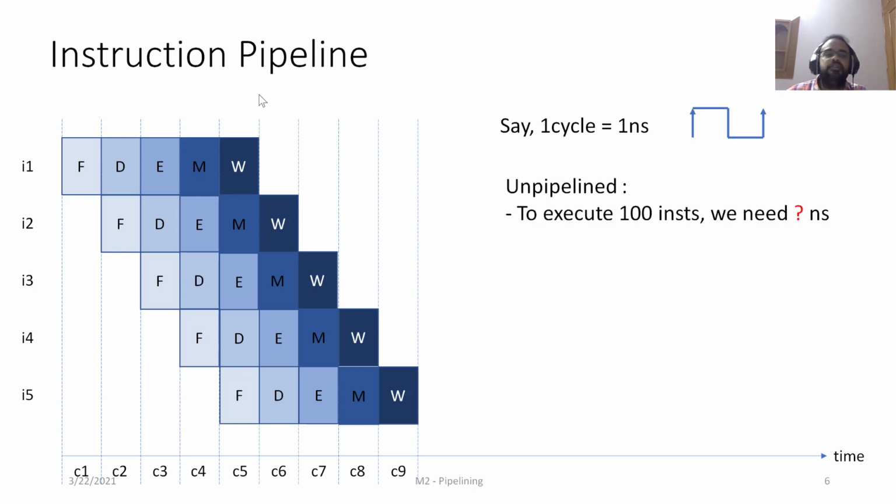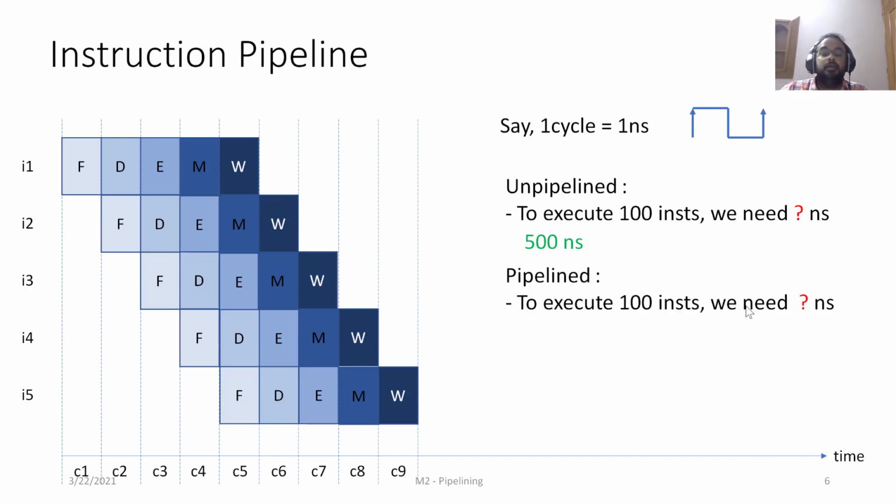In the unpipelined version, where we go to I2 only after we complete I1, 100 instructions would take 500 nanoseconds. We are going to fetch I2 only in the 6th cycle and fetch I3 only in the 11th cycle, and so on.